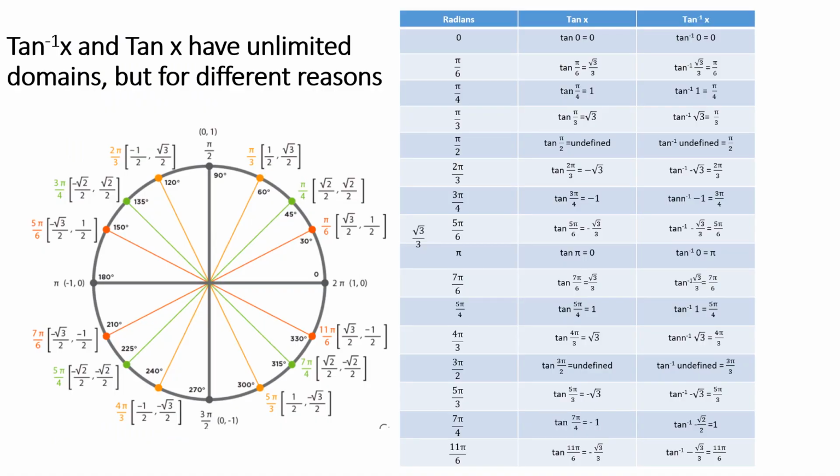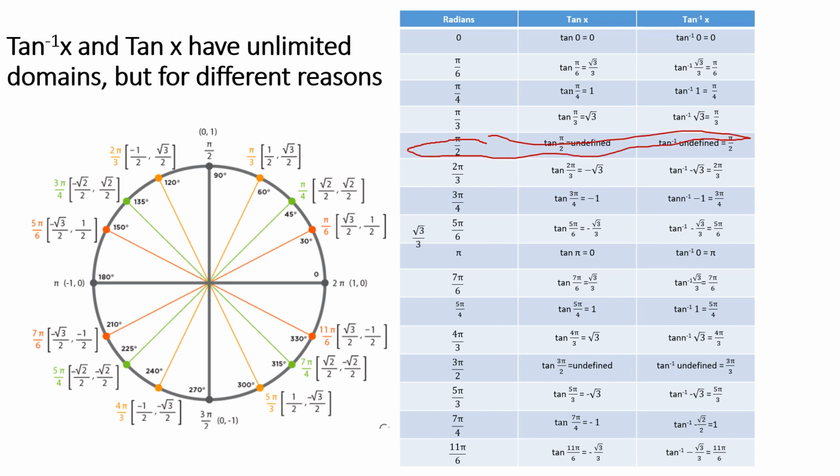Now, interesting thing, arctan and tangent of x will have unlimited domains, but for different reasons. I'm going to show that in a moment. Here's the radians, here's tan x, here's arctan x on the very right here. And I want you to notice here, we've got some undefined areas.